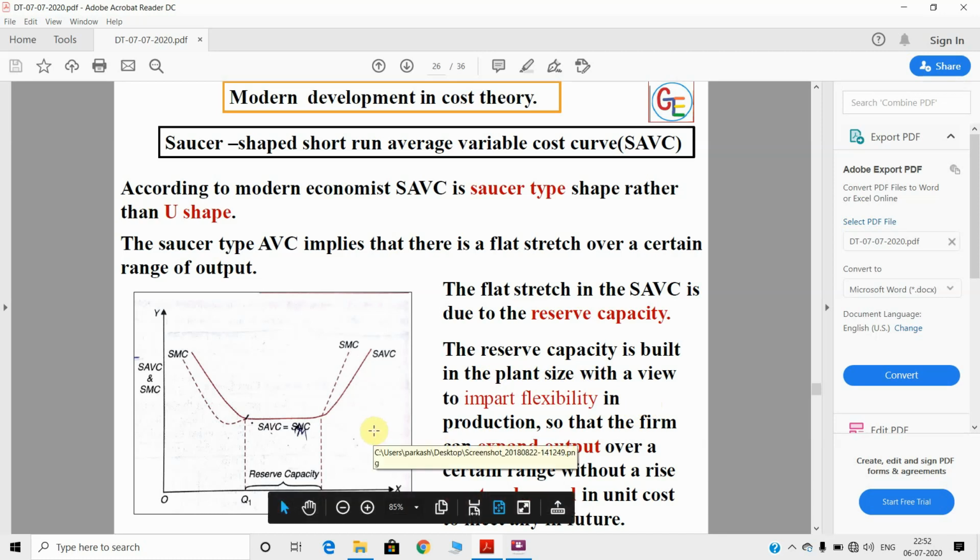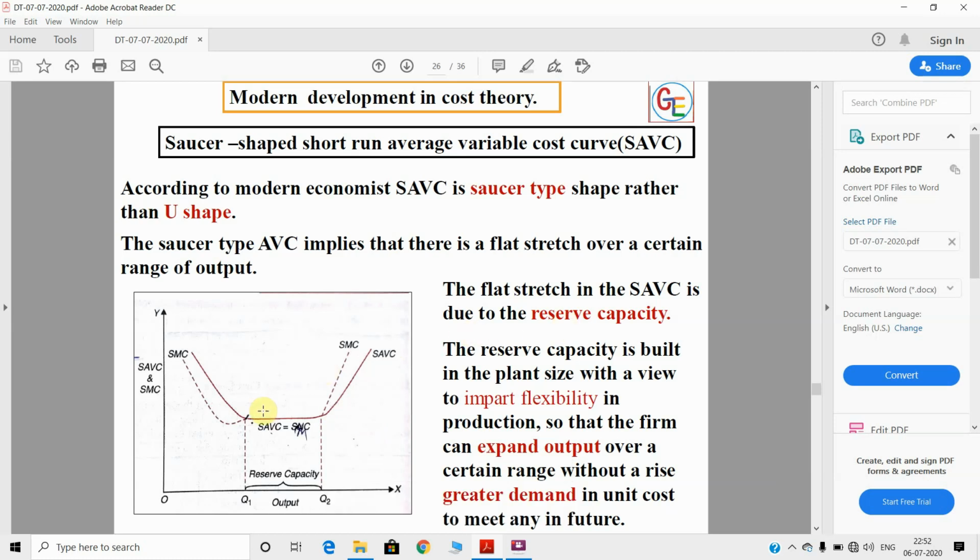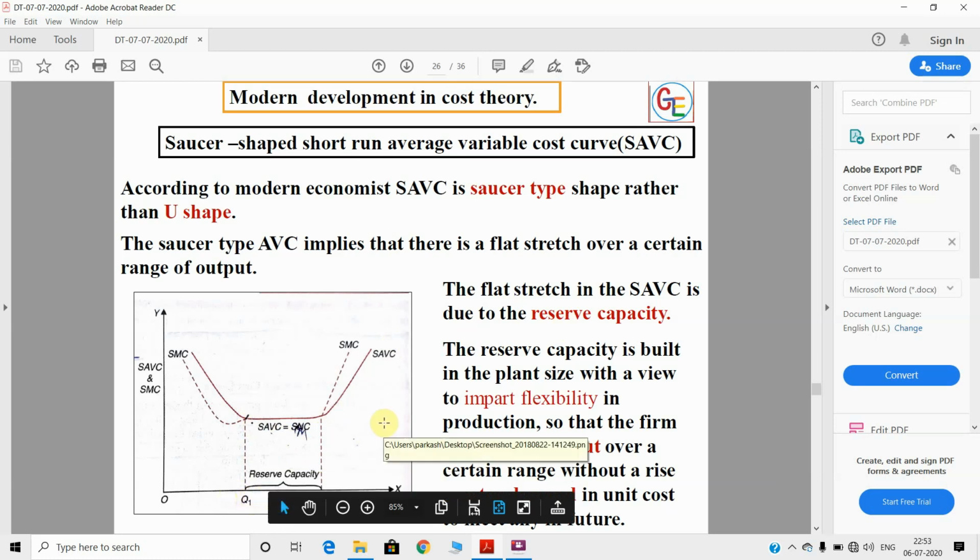So we can define reserve capacity as that capacity in which the plant can expand its output over a long run period with a constant cost, that is defined in the diagram as Q1 to Q2.